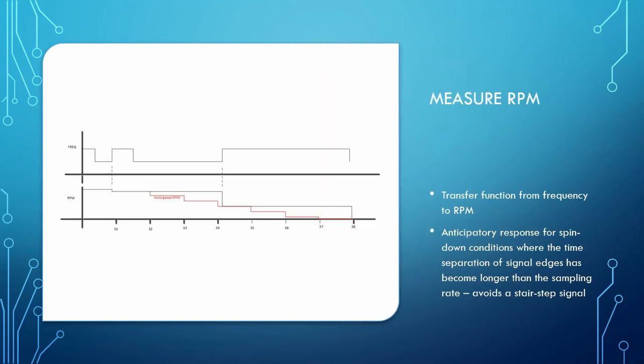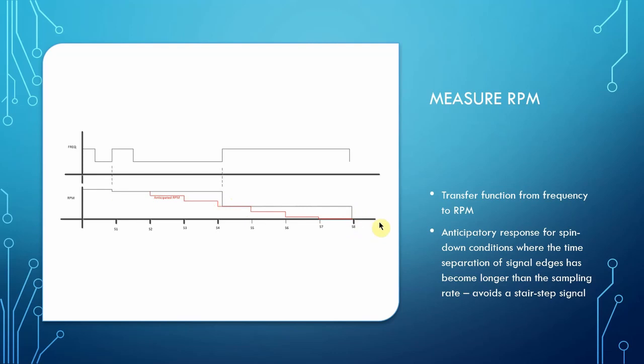The Measure RPM utility has a transfer function that transfers frequency to RPM. You give it the coefficient when you instantiate the class. It also has an anticipatory response for spin down conditions when the separation of the edges of the incoming signal are larger than the sample rate. So in this diagram you can see if we update our calculation for frequency on every rising edge and we're spinning down, you can see that the distance between edges becomes larger than the sample rate.